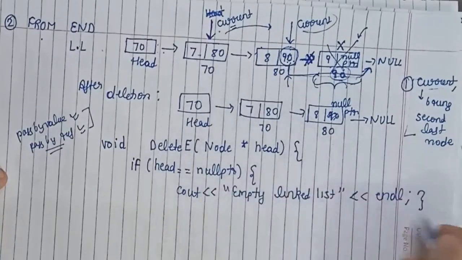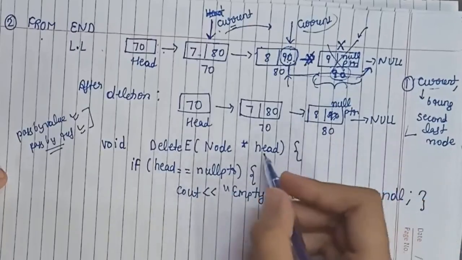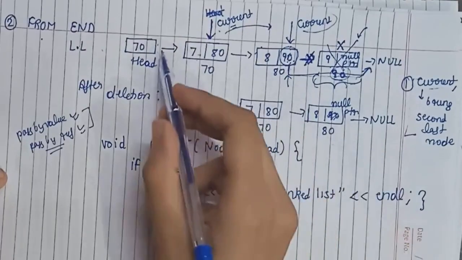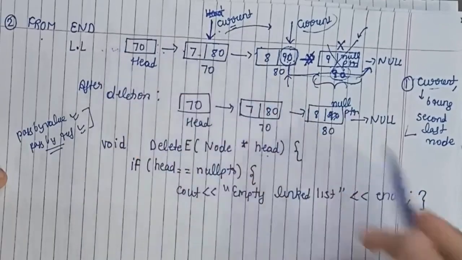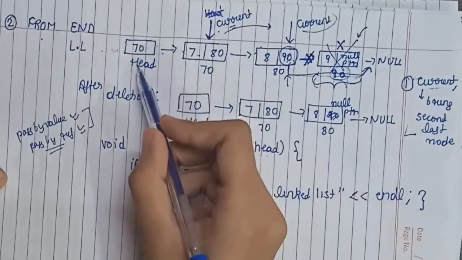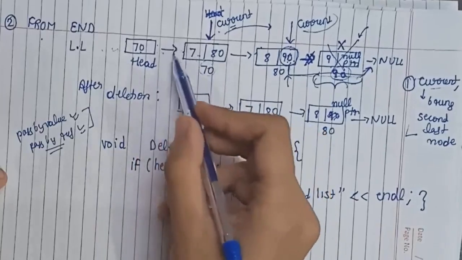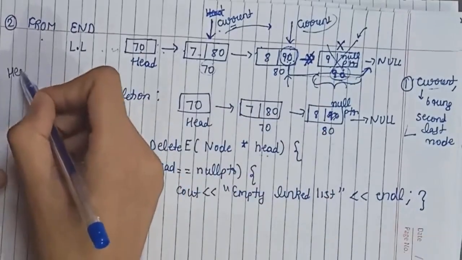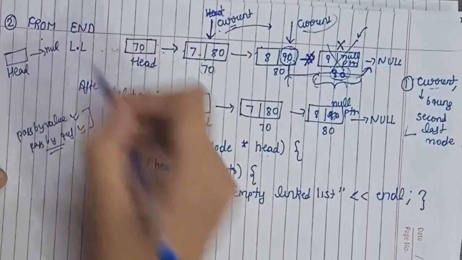Now let me explain this condition. Let us suppose that the head pointer that the user has given to you is not pointing to any address. In the example that I have taken, this head pointer was pointing to the address 70, which is this node. But now let's say the head pointer is pointing to the null pointer, as I have taken here.